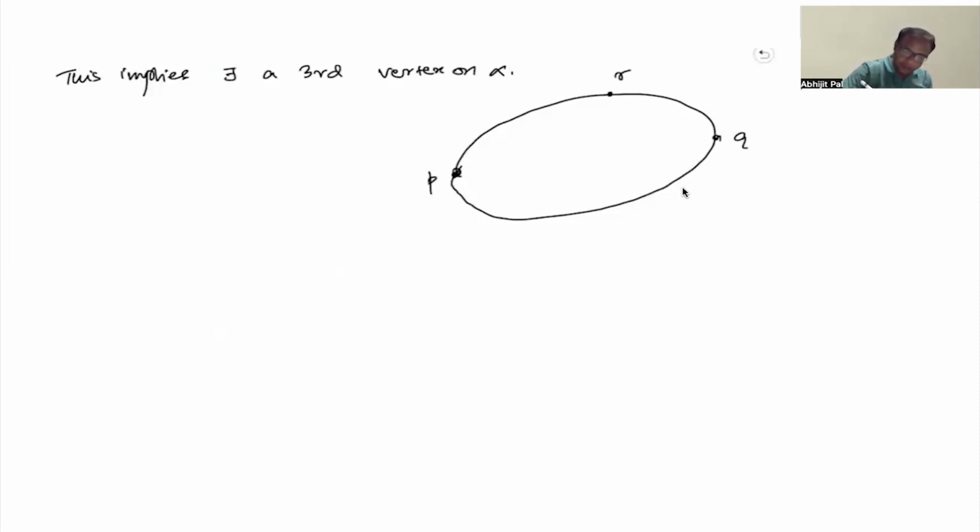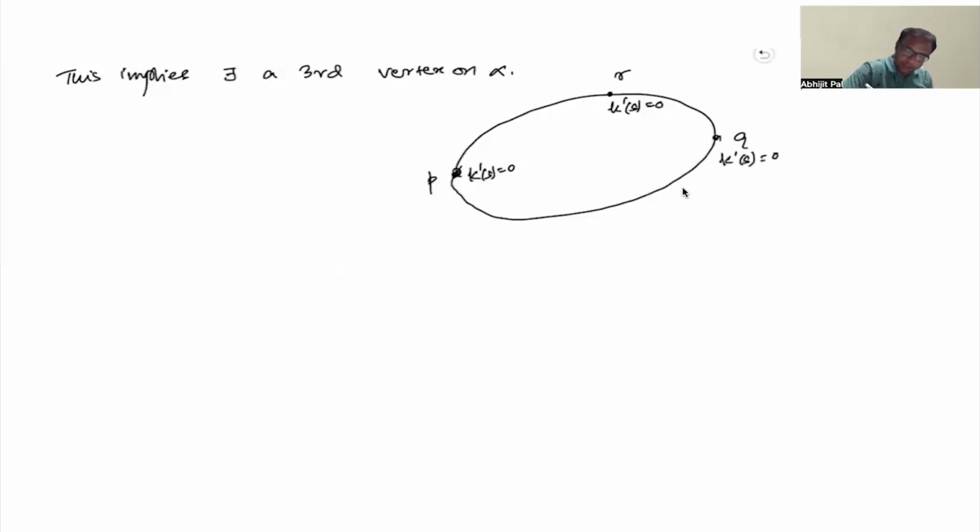And again, here the derivative is equal to 0, here the derivative is equal to 0, and here the derivative is equal to 0.